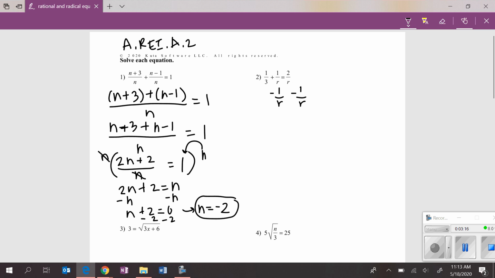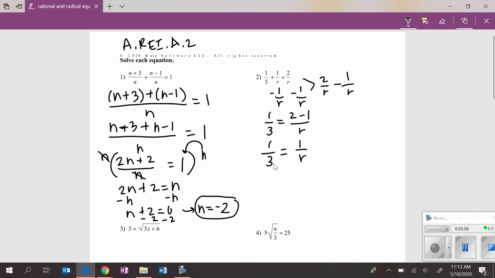That way I have the fractions with r all on one side. 2 minus 1 over r. Okay, I skipped a step. Notice how these would have become 2 over r minus 1 over r. And because they had common denominators, I just did 2 minus 1 over r. And that's really 1/3 equals 1 over r.